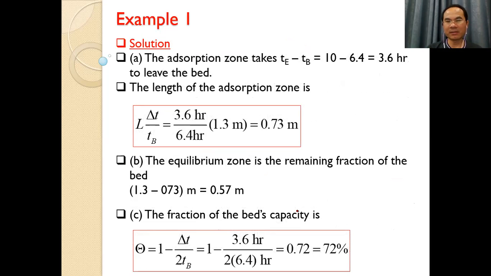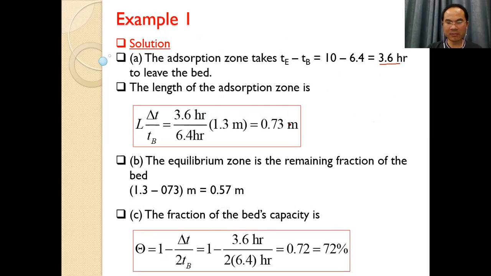The length of the adsorption zone is L multiplied by delta T divided by TB. Delta T is 3.6, TB is 6.4, and the length of the column is 1.3 meter. The length of the adsorption zone is 0.73 meter. This is the first question.